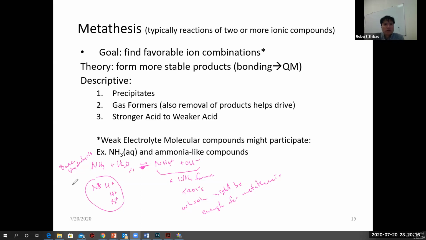But actually ammonia is just a molecule. It's going to be a nitrogen with 3 hydrogens bonded to it, with 2 dots there. So some weak electrolytes could potentially participate in metathesis reactions, which involve ions. It's favorable ion combinations, at low levels.